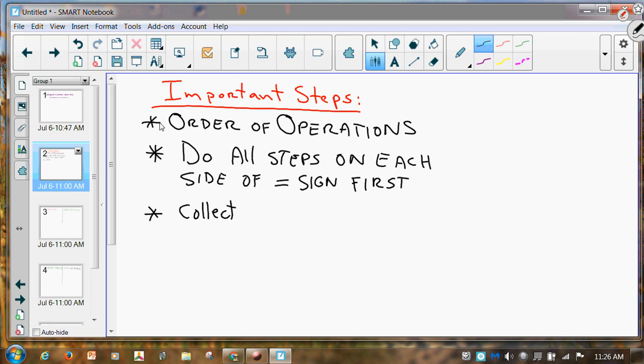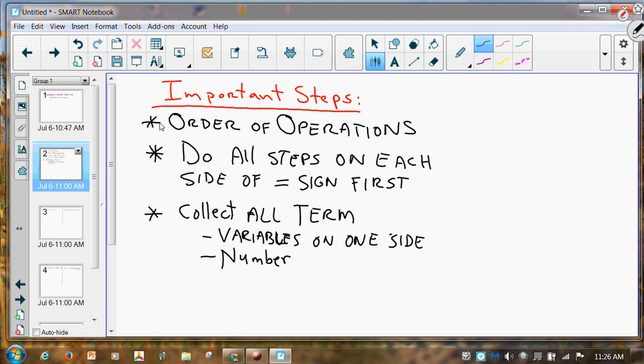And it doesn't really matter whether you collect the variable terms on the left or the right. You can solve it either way. So you want to collect all the variables on one side, and the numbers on the other.